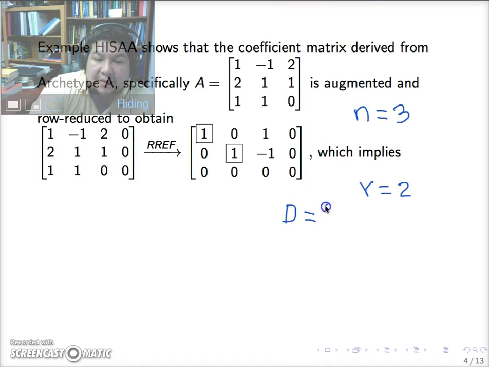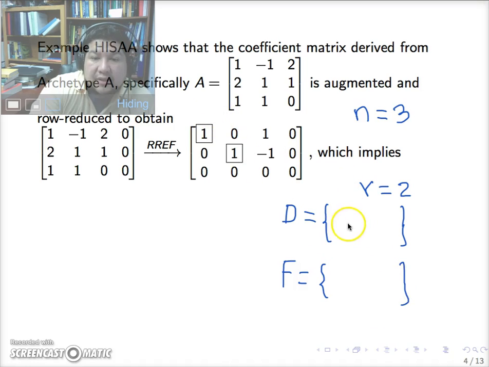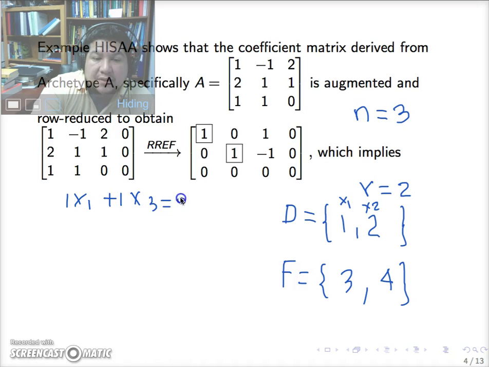So we could do what we always do. We could write down the set D, and then write down the set F. D is going to contain indices 1 and 2, and F will contain indices 3 and 4. In this case, we would consider the variables x1 and x2 as the so-called dependent variables. By looking at each of these rows, we would say 1x1 plus 0x2 plus 1x3 equals 0, which means that x1, being a dependent variable, is written as minus x3.